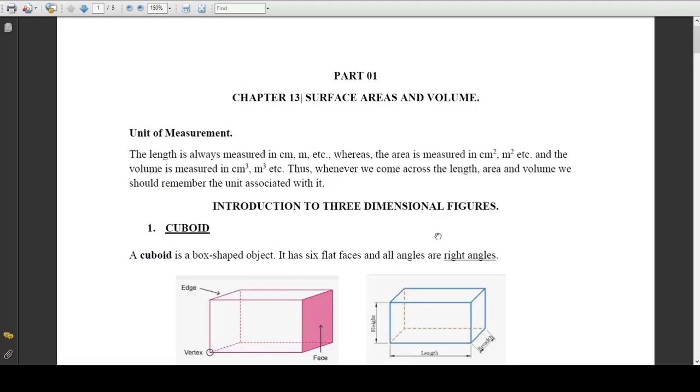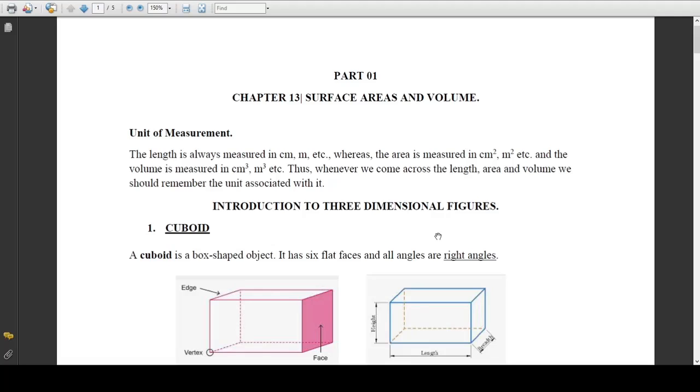Before moving ahead, let us first discuss the unit of measurement. You should always remember that length is measured in units, area in square units, and volume in cubic units. Whatever the unit is, centimeter, meter, or millimeter, length will be in centimeters, area will be centimeter squared, volume will be centimeter cubed.